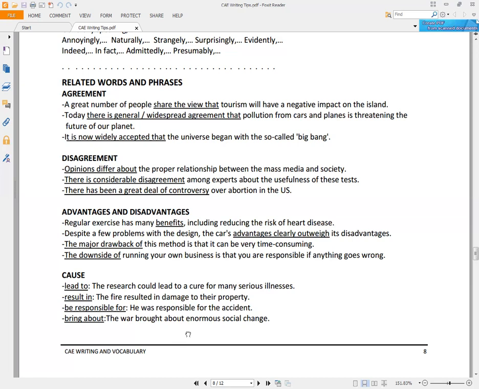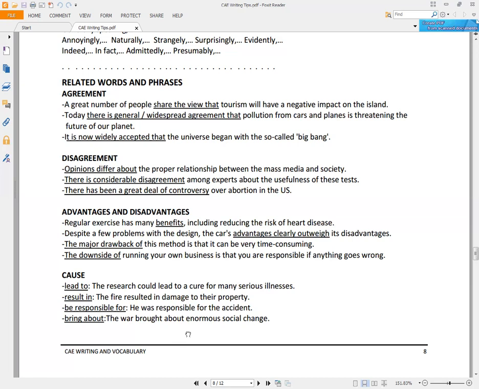Now words and useful expressions to express advantages and disadvantages. Let's see the examples. Regular exercise has many benefits, including reducing the risk of heart disease.